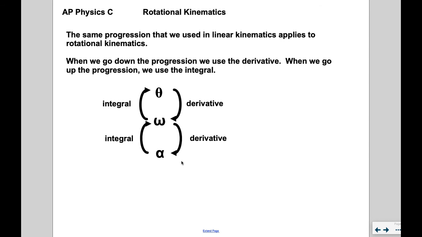So make a note that in the event that you're given a position function that has a polynomial degree greater than 2, you have to use calculus. If you're given an angular velocity function that has a degree that is greater than 1 in terms of t, then you have to use calculus. Okay, otherwise you're allowed to use the formulas for constant acceleration.